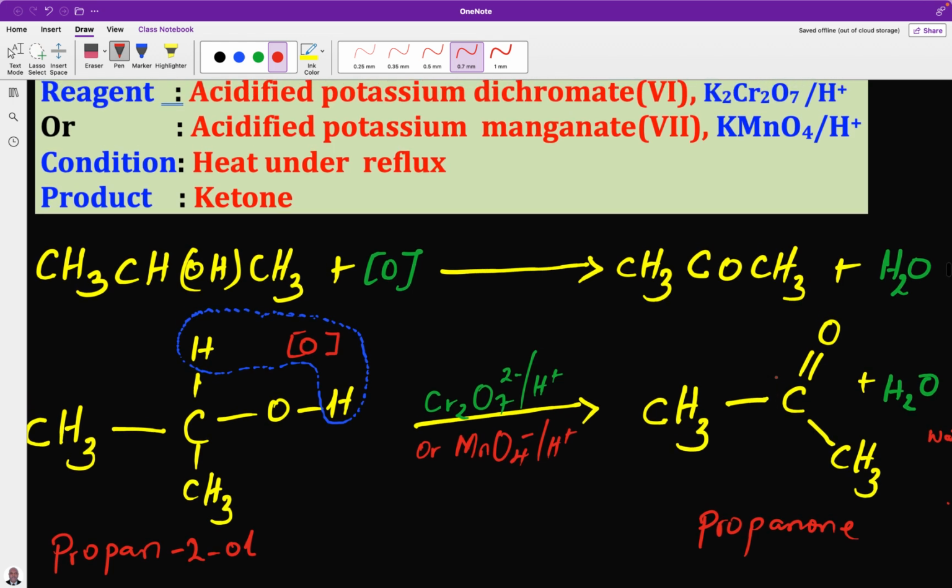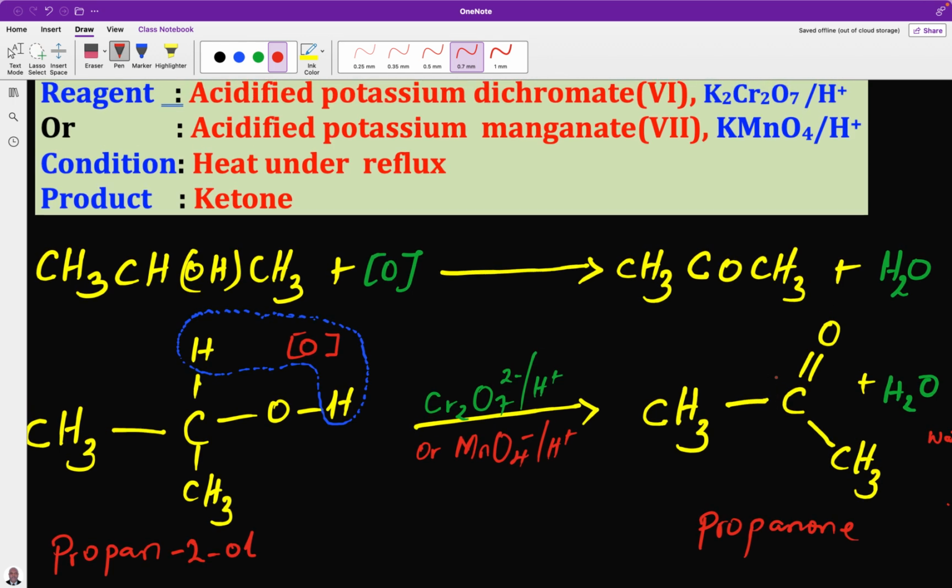As I earlier said, our reagent is acidified potassium dichromate 6 or acidified potassium manganate 7. These solutions are heated under reflux. You can use any of them, either the acidified potassium dichromate or acidified potassium manganate 7.